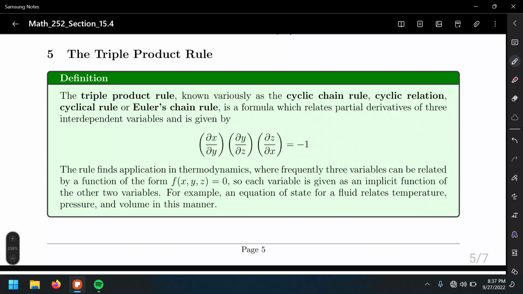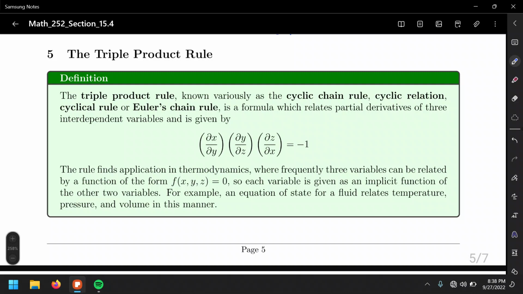This is called the triple product rule, also known as the cyclic chain rule, cyclic relation, cyclic rule, or Euler's chain rule. This is the formula that relates the partial derivatives of three interdependent variables. What we do is write each of the variables as an implicit function of the other two variables.